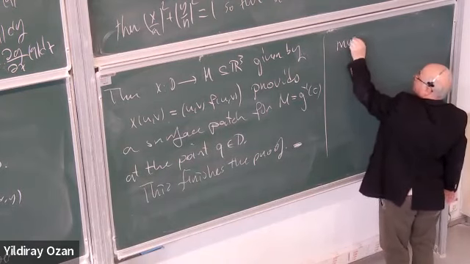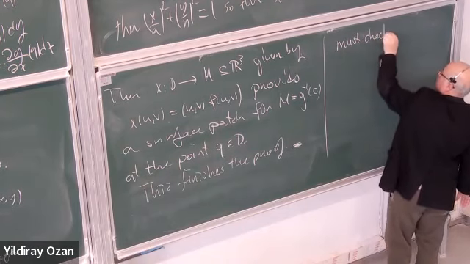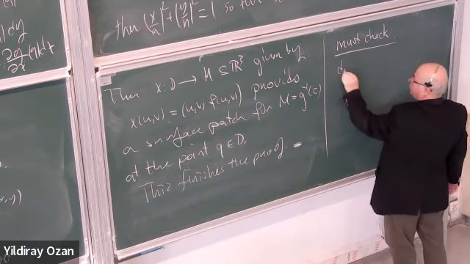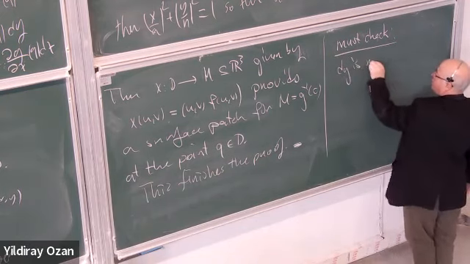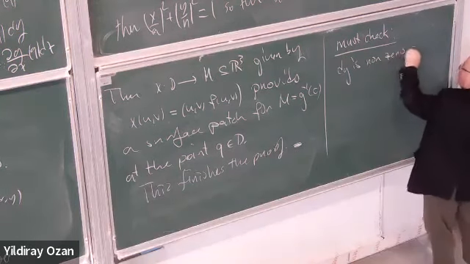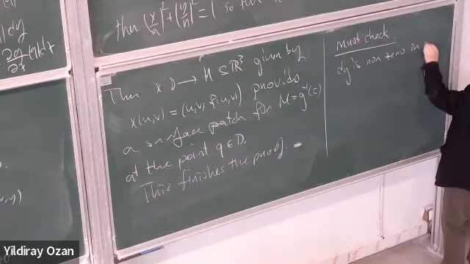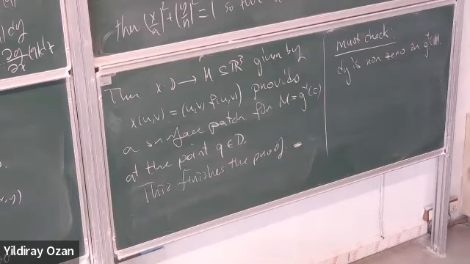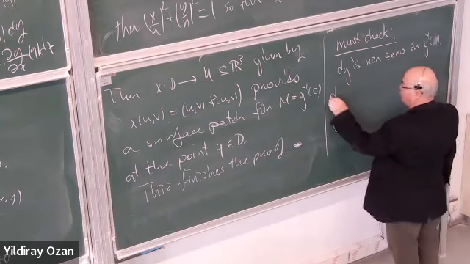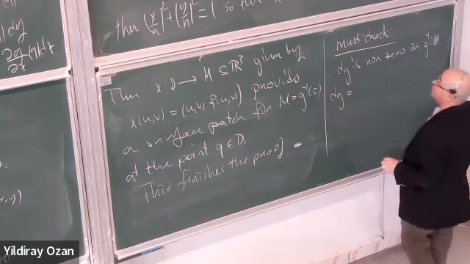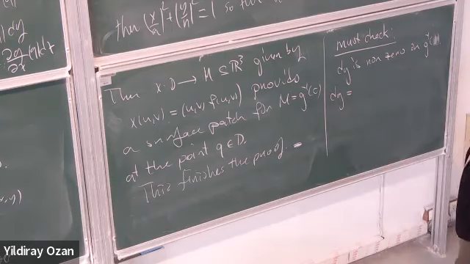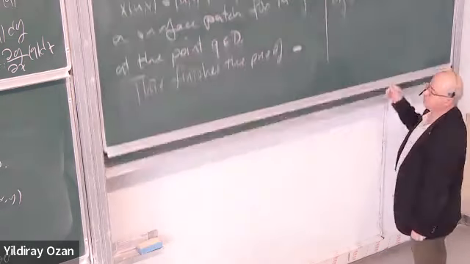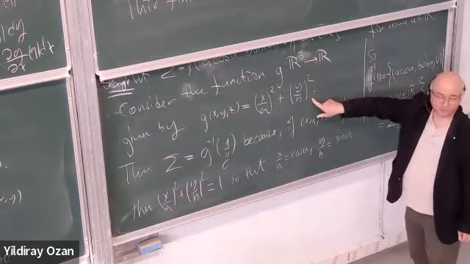We must check this: dg is non-zero on g inverse of C, in this case 1. Well, let's see. What is dg? g is this function, so what is the differential?